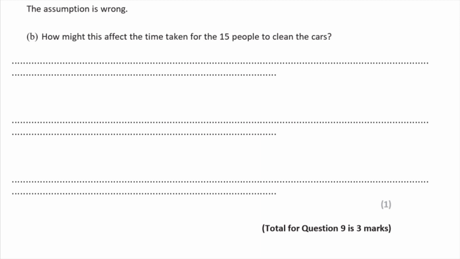Now part B says the assumption is wrong. How might this affect the time taken for the 15 people to clean the cars? So what we're saying here is that each person is not putting the same amount of effort in. So some people are working really hard, some people not so hard. Now it's hard to tell from the question whether or not the 15 people who are going to be washing the cars are working harder or not as hard as the 12 people who washed it the day before.